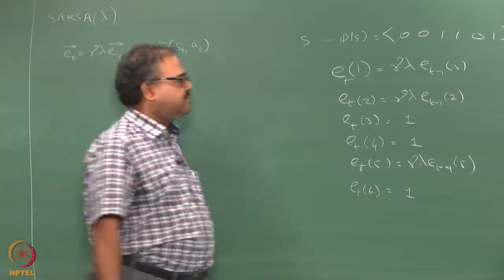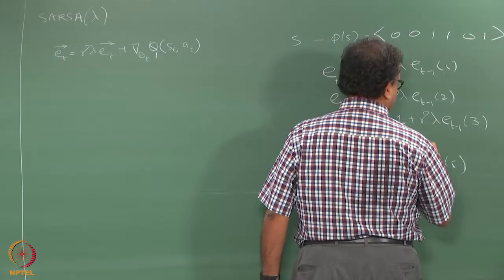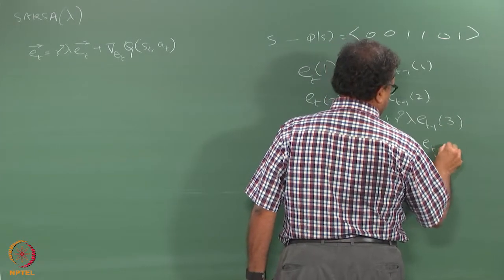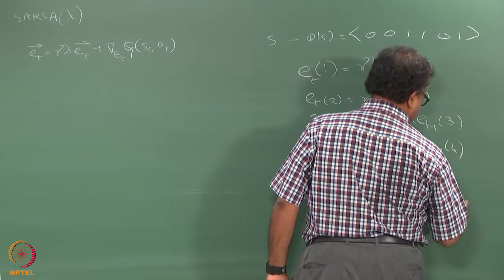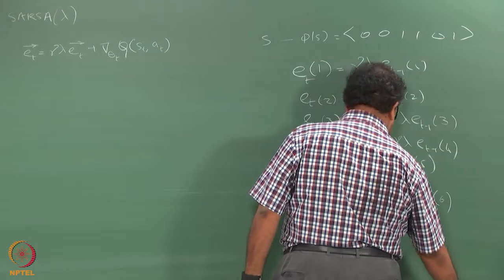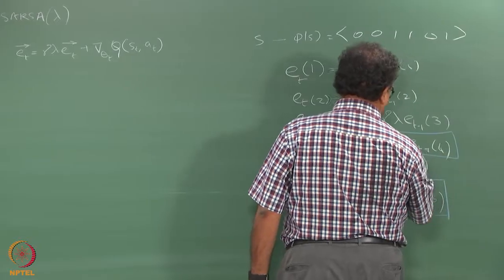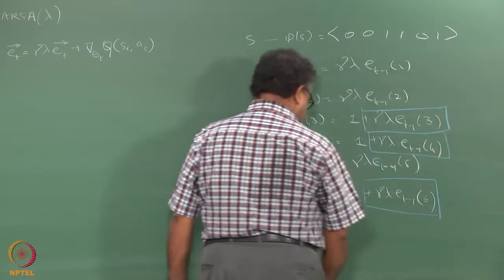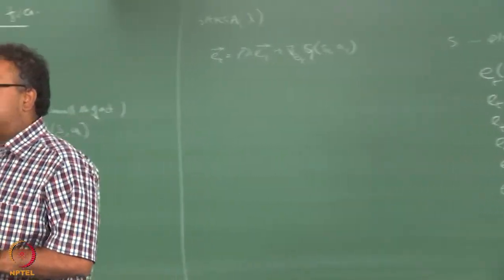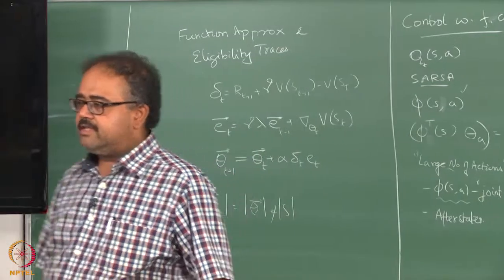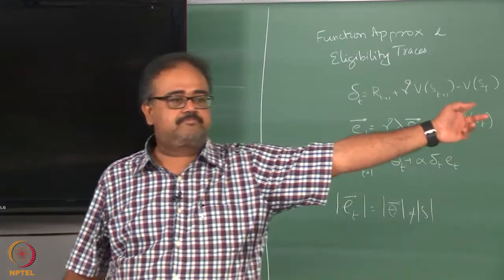If it had been accumulating traces, this would have been this. So everything outside the blue box is for replacing traces, everything including the blue boxes are accumulating traces, right. This is fine assuming that my phis are binary representations like that, right.